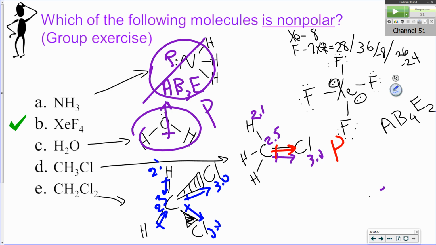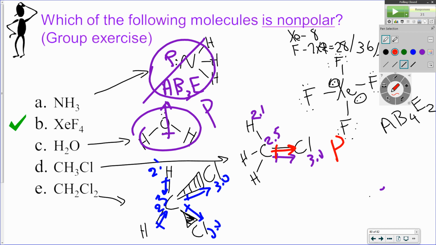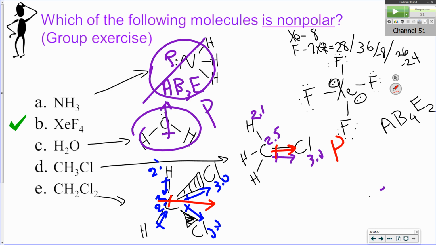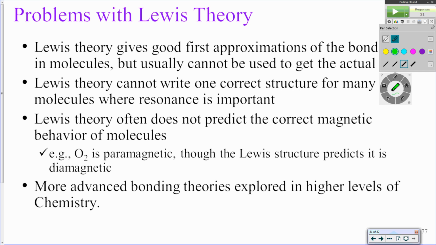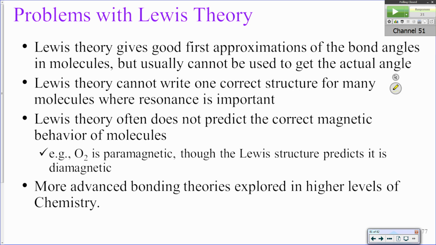There's going to be a net dipole moment right between those two chlorine atoms. This is called methylene chloride or dichloromethane. It's a common polar organic solvent that we use. Okay? All right. So that's how we figure those out. Now we've done just a little bit of introduction with the Lewis theory in this chapter.